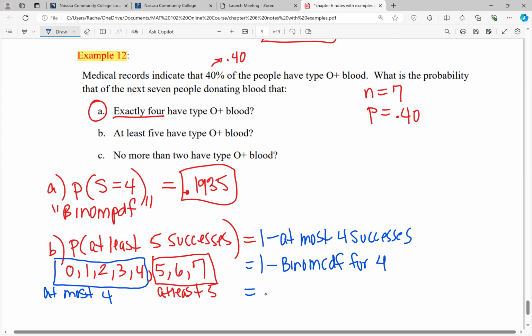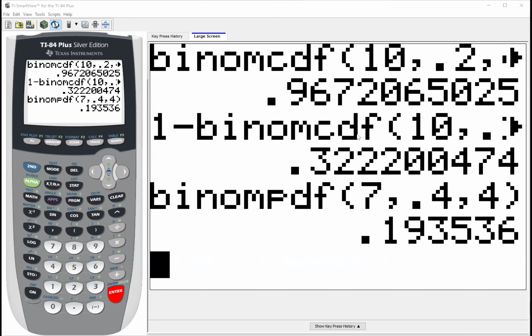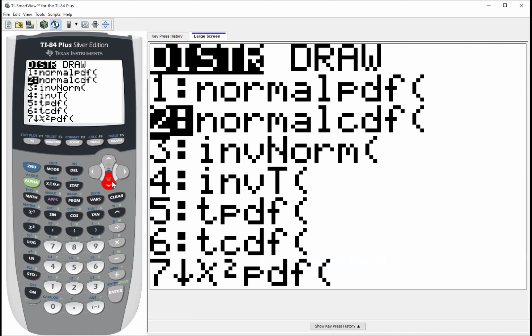So now we can plug this into the calculator. We're ready to go, right? So let's pull that up. We're going to start with 1 minus. So 1 minus, and then second VARs, right? You want to pull up the binom CDF.